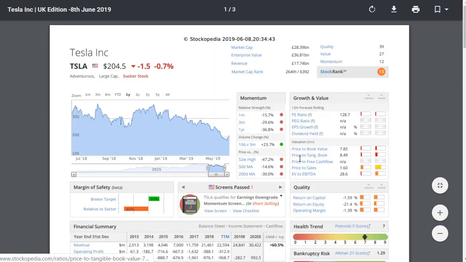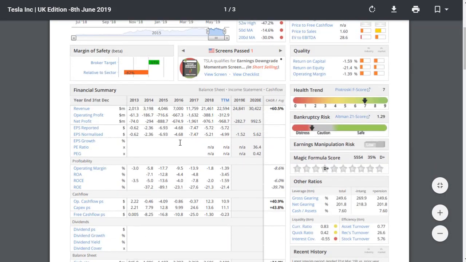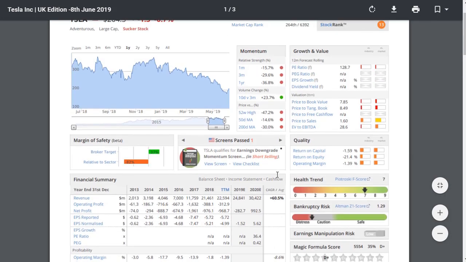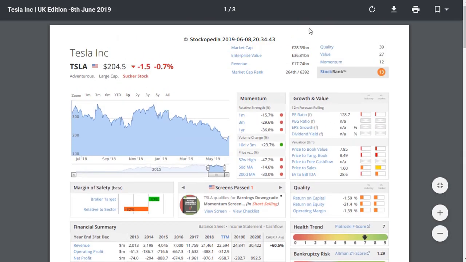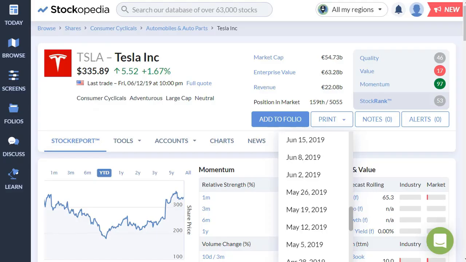And whoopsie, we have a quality rank of 39, value 27, and momentum at 12. So there is no chance I would have bought here personally. And we can look at all the numbers, what they were scored at in June this year. So this is kind of clever as well.